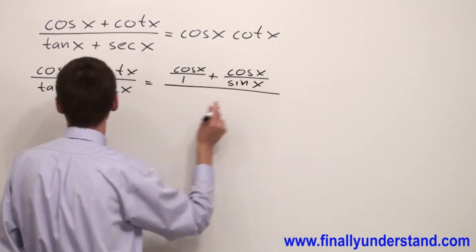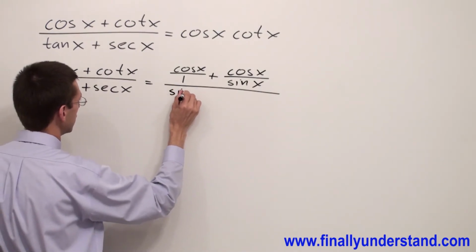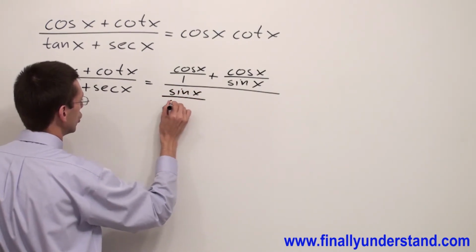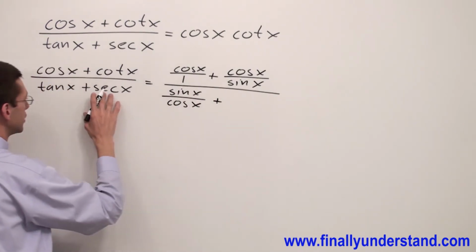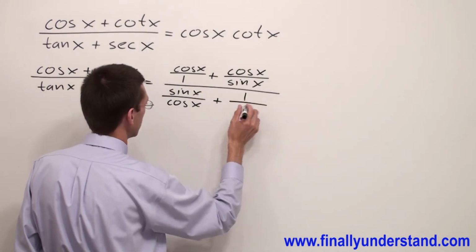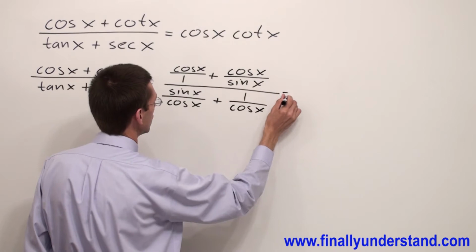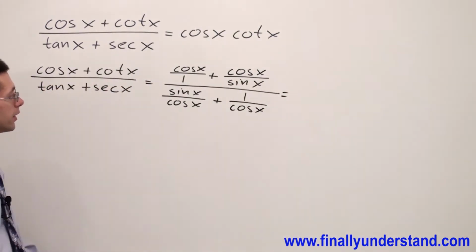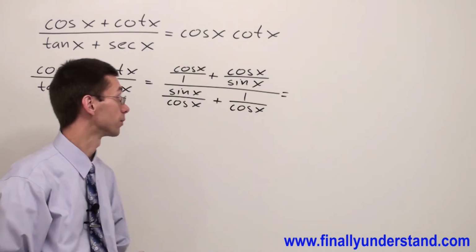Over tangent x, I'm going to rewrite as sine x over cosine x plus secant x, which is nothing else but 1 over cosine x.